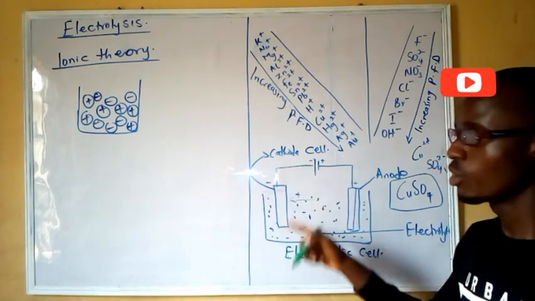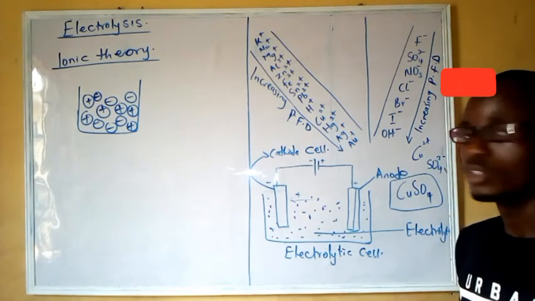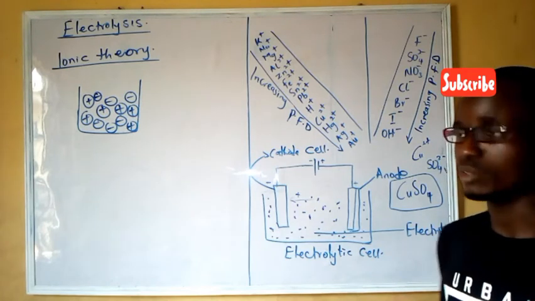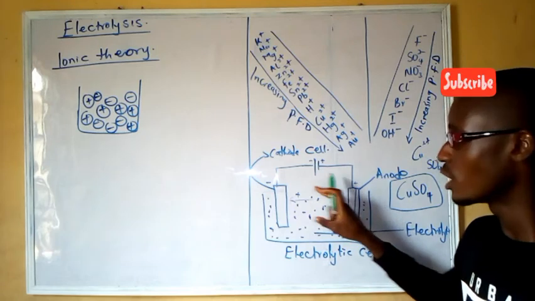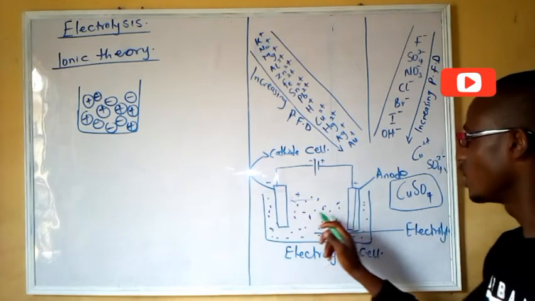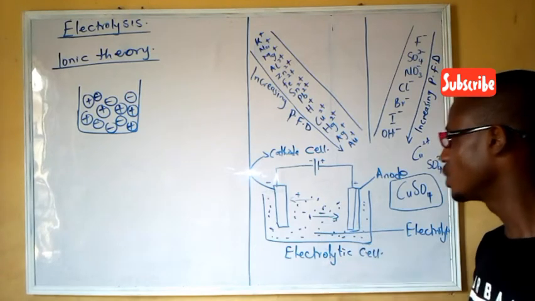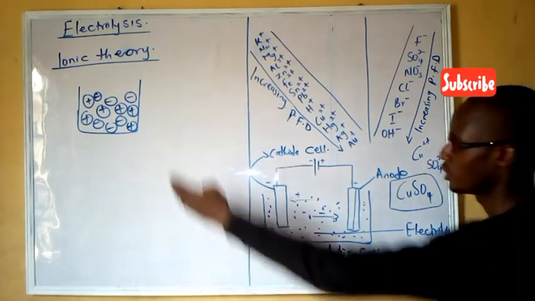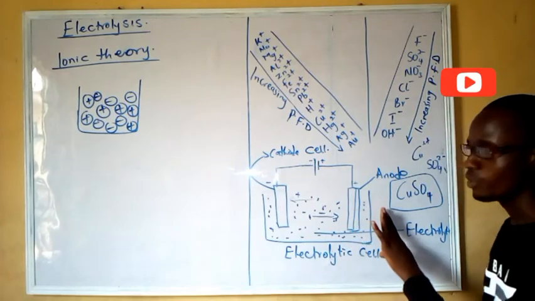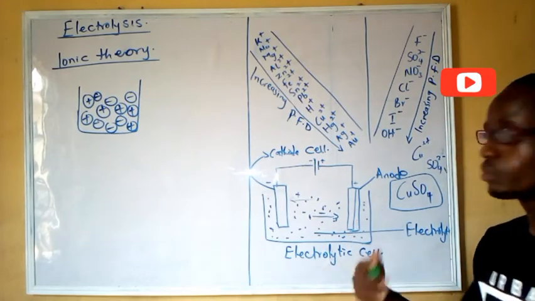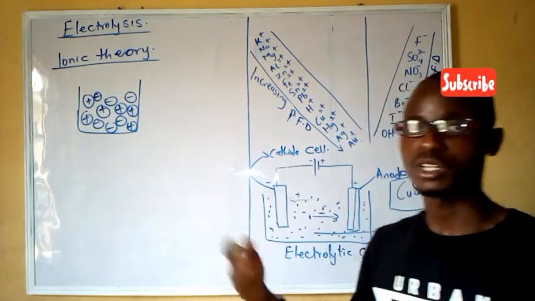Therefore, they are called cations. Positive ions are called cations because they migrate to the cathode during electrolysis. Then we have anions, which are the negative ions in solution. They migrate to the anode, which is positive. So positive attracts negative, negative attracts positive.